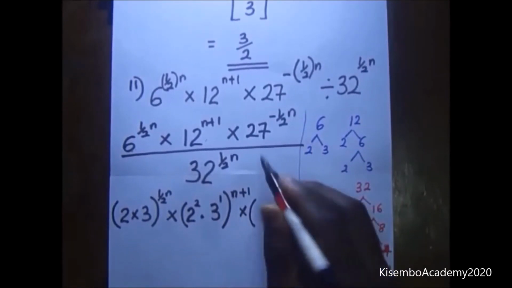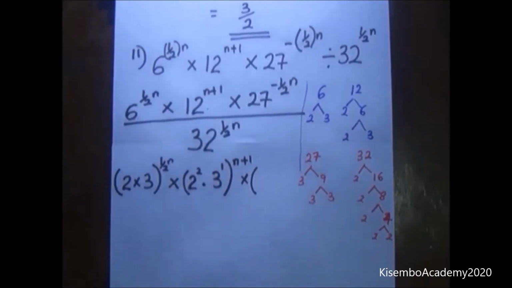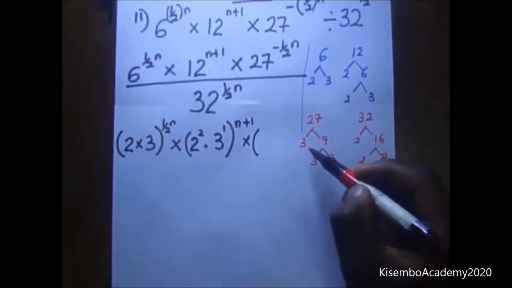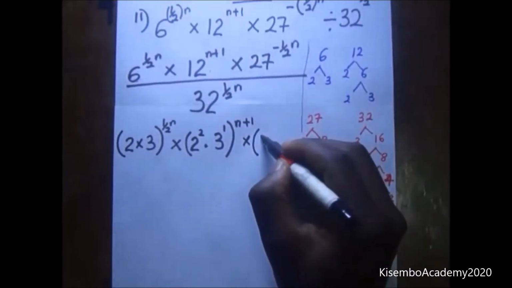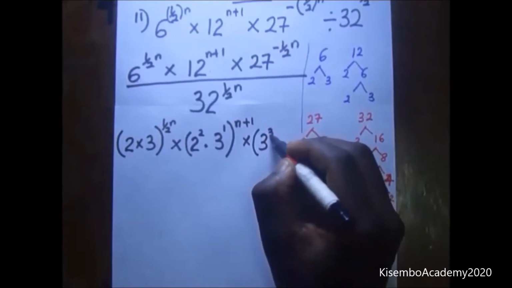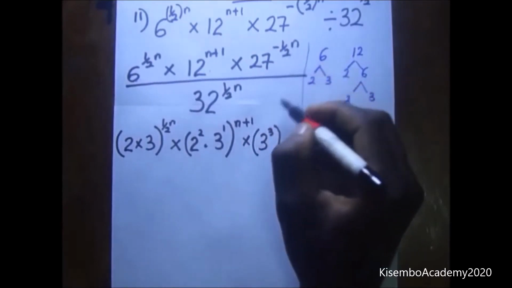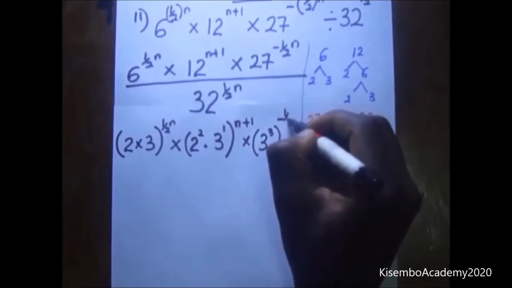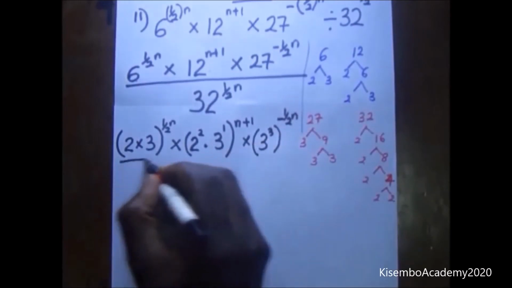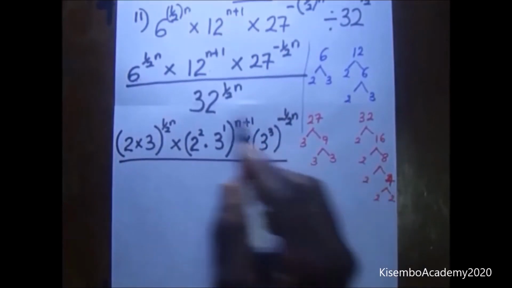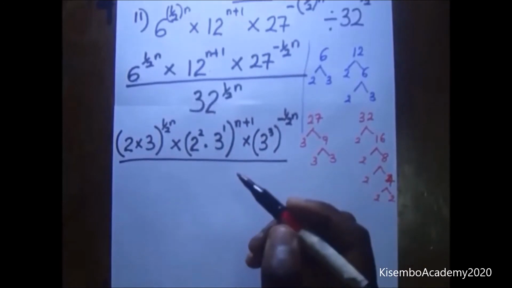Multiply that by 27, which is 3 to the power 3, all to the power -half n. Divide all that by 32 to the power half n.